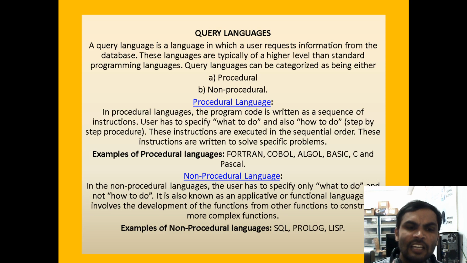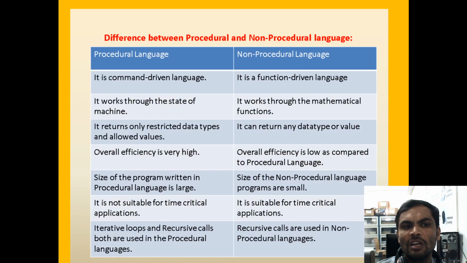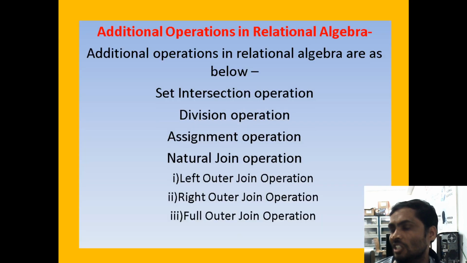Under fundamental relational algebra: selection operator, projection operator, union operator, set difference, Cartesian product, and rename. These are the 6 operators under fundamental relational algebra. Coming to additional relational algebra, there are only 4 operators: set intersection, division operator, assignment and natural join.